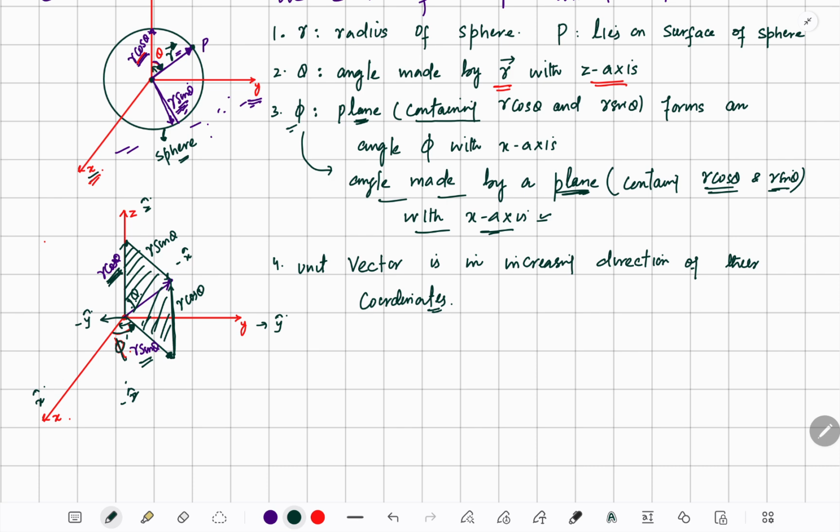So if this is theta, the unit vector in this direction is the theta cap direction. The phi cap, the increasing direction of this unit vector, is in the increasing direction of its coordinates. So this is the phi cap direction, which would be a bit backward, and there is r, which is simply the r cap direction.